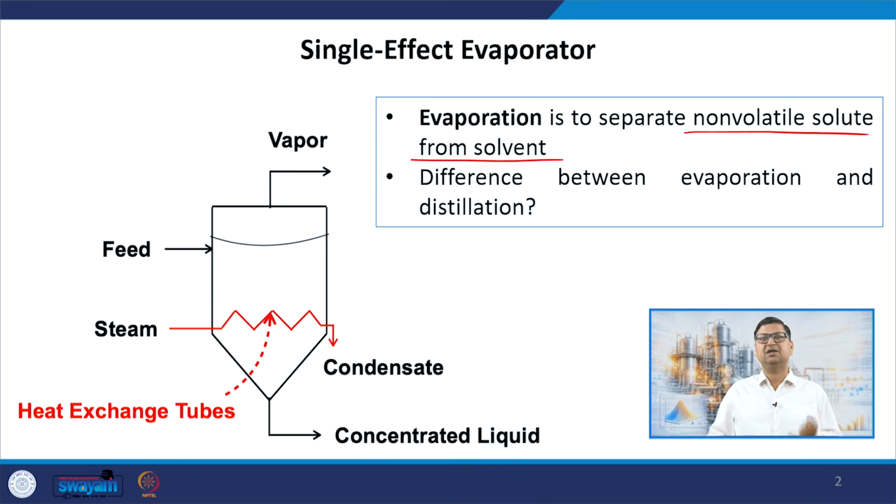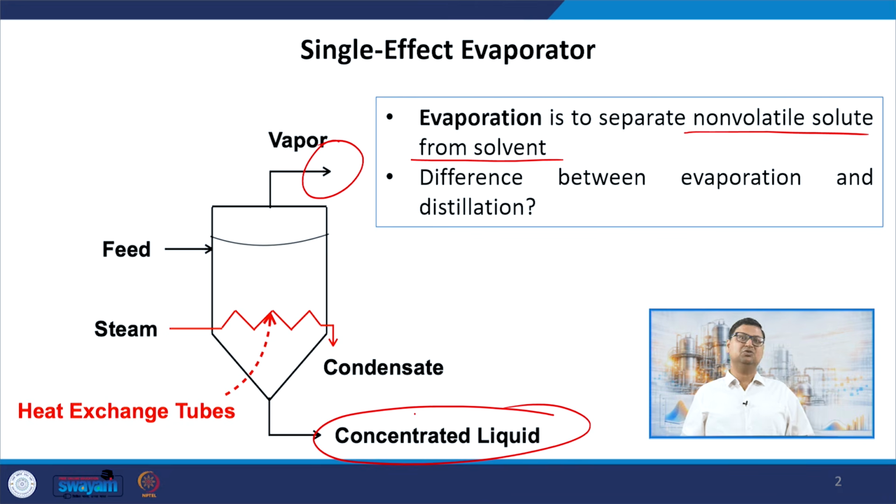It's completely non-volatile, so we can achieve 100% separation of the solute from the solvent. Therefore, either we can get a pure solvent by condensing the vapor that is coming out, or we can get a thick concentrated liquid that can also be used for concentration.